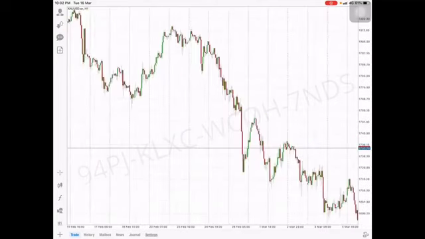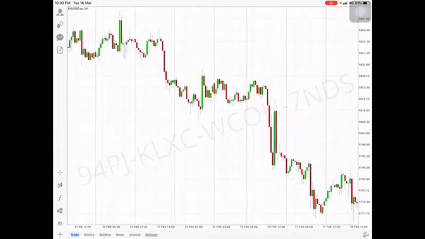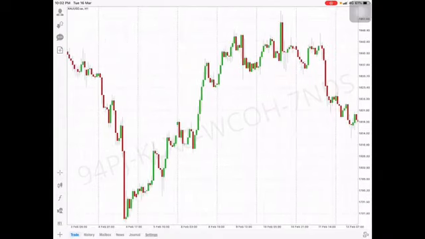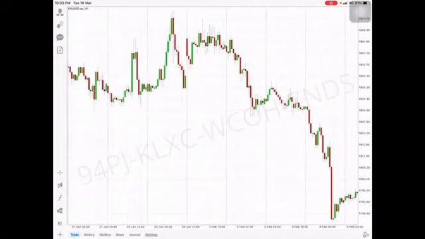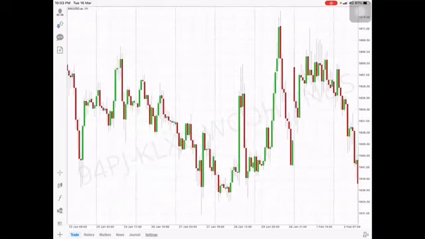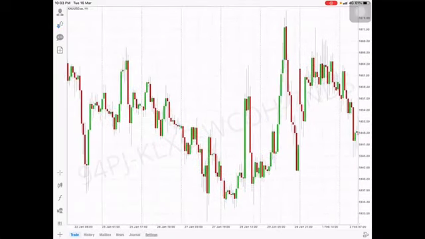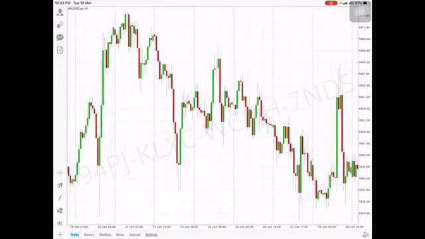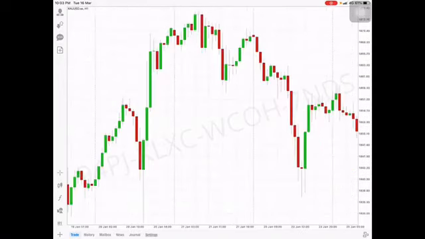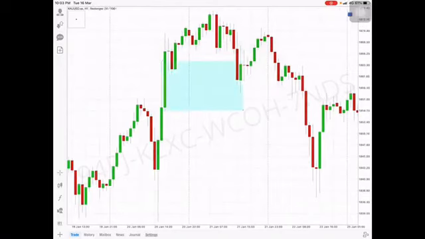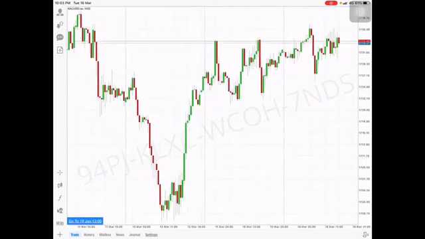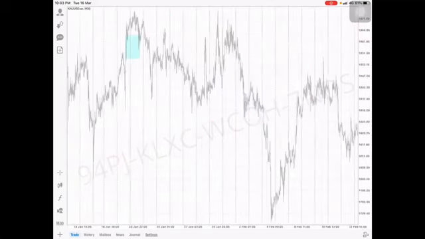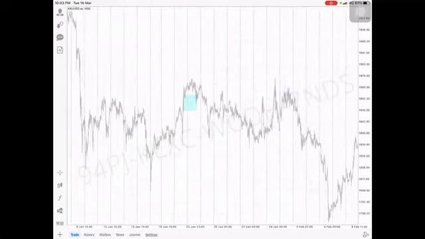I need to find a very big movement for the DOM. Okay, this one is a very big one. Let me check it first. So you can use this one as an example.